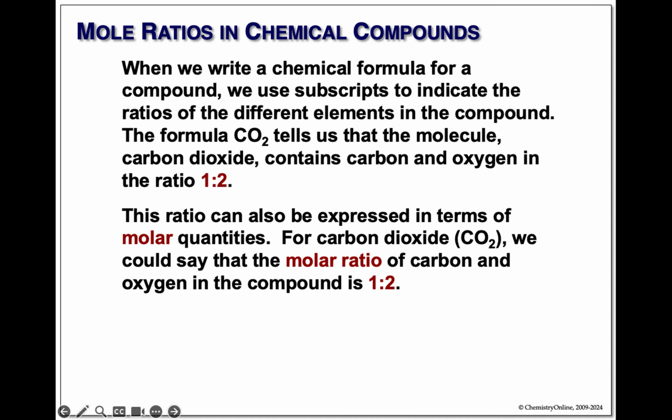That tells us it contains 1 carbon, 2 oxygens, the ratio is 1 to 2. This ratio is also called the mole ratio, 1 to 2. There is 1 mole of carbon and 2 moles of oxygen per mole of CO2.